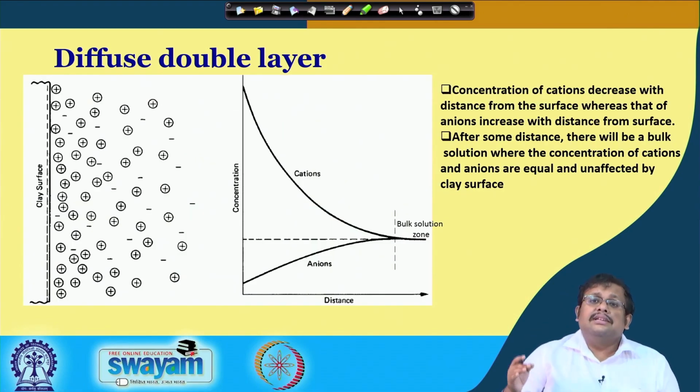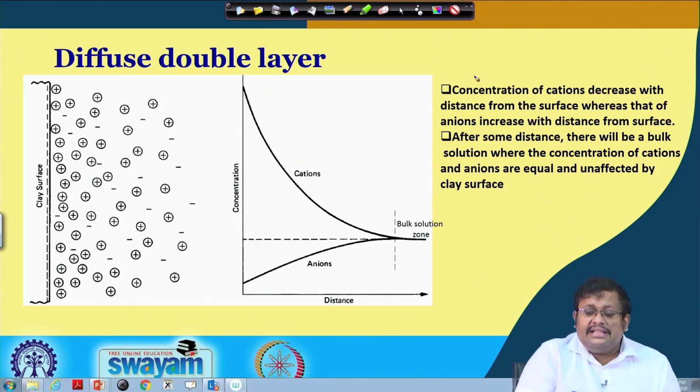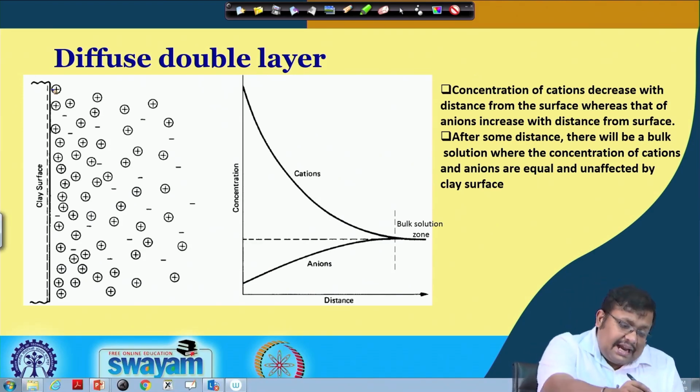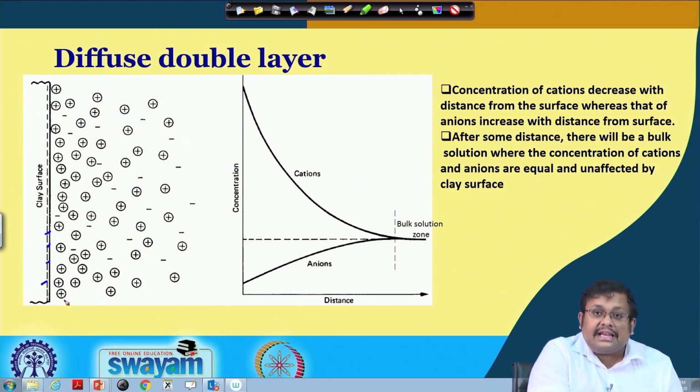So, when these ions try to diffuse into the bulk solution, we will see some particular trends. The concentration of the cations decreases with distance from the surface, whereas that of anions increases with distance from the surface. In the immediate vicinity of the surface, due to the negative charge of the clay colloid, there will be a concentration of positively charged cations.